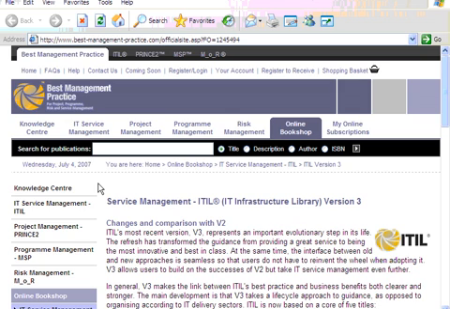Now we'll talk more about those 5 publications here in a moment, but realize, just like ITIL version 2, ITIL version 3 has some complementary and web-based materials, and the best way to stay on top of that, any new white papers or new web-based publications, is to go to the Best Management Practice website. And this is best-management-practice.com.